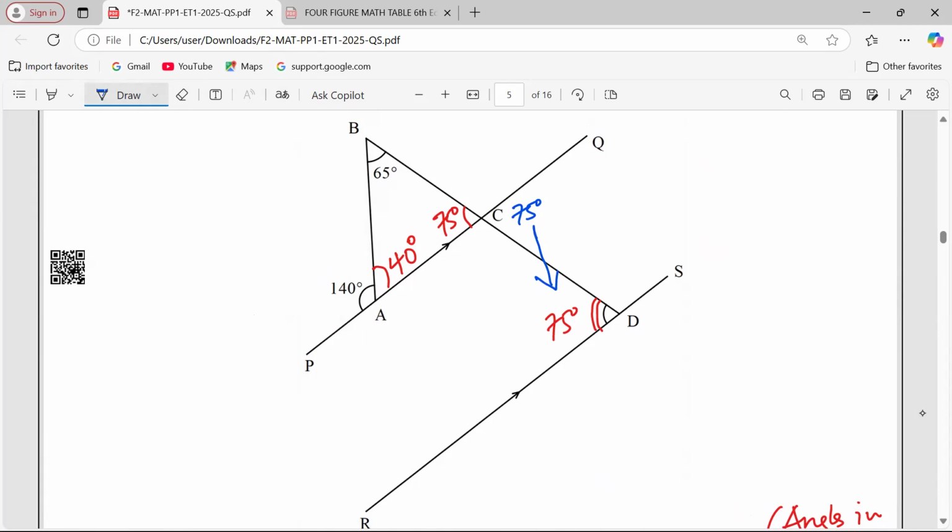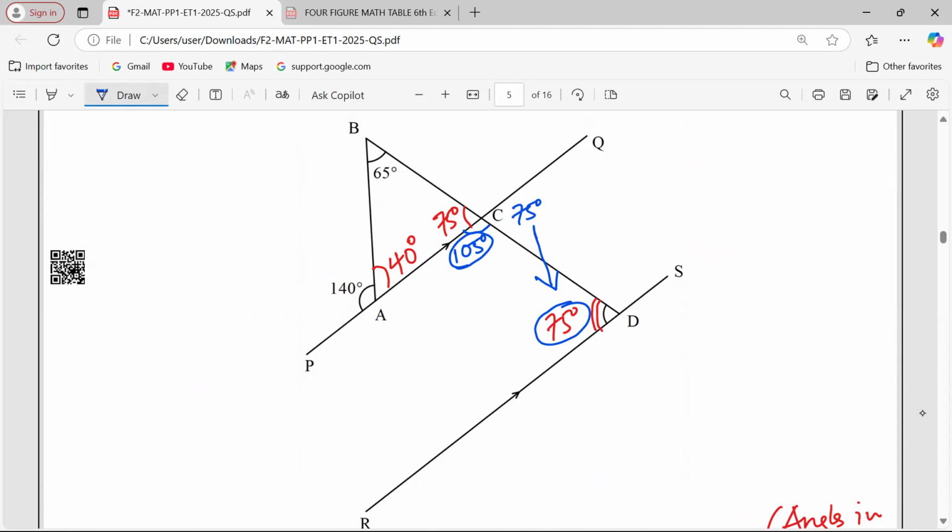Again, we can say that BD is a straight line. So with 75, the angle at this point is 105 degrees. Now with 105, we can say that the angle here, 105, together with the angle here, are said to be co-interior, and co-interior angles are usually supplementary.